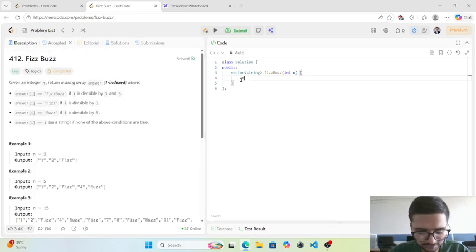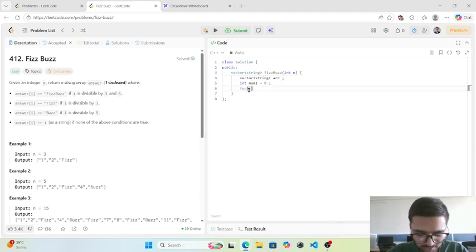First of all, we create an integer num1 equals 0, and then iterate over an array. We create a vector of string, its name is array.